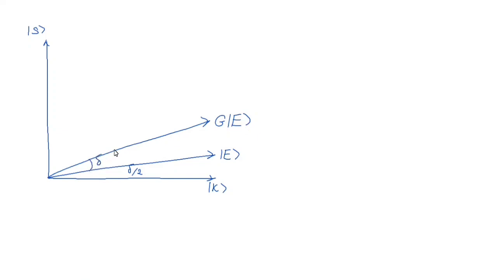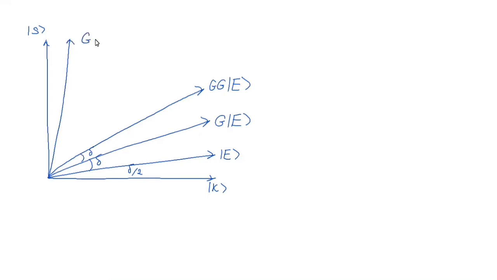So this angle will be delta. We can apply one more. This will be 2 Grover iterations applied to the vector E. And again, this angle will be delta.